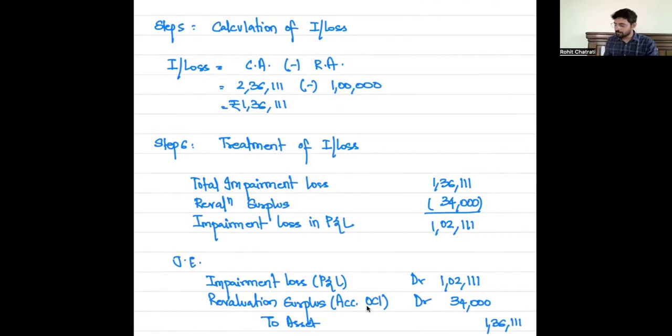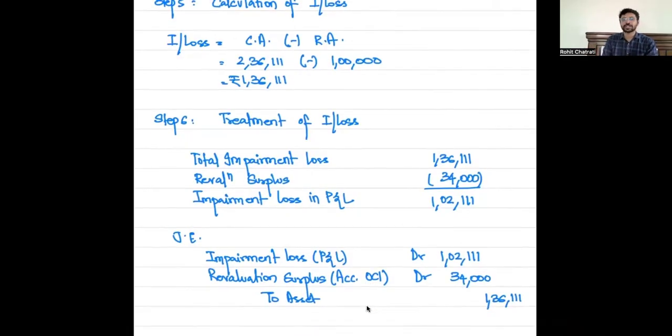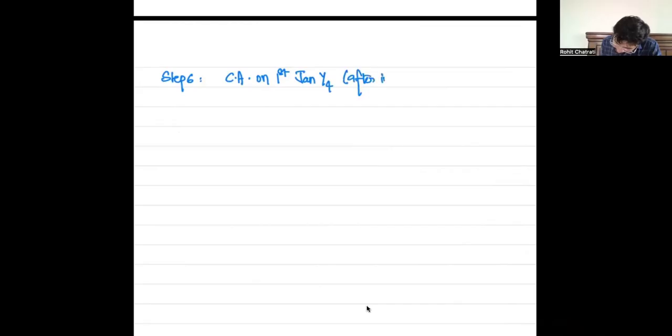We have recognized an impairment loss of 1,36,111. So the asset's value on 1st January year 4 after recognition of impairment loss is going to be equal to 1 lakh. 236 less 136, which is equal to 1 lakh rupees. So step number 6, I'm calculating the carrying amount on 1st January year 4 after impairment.